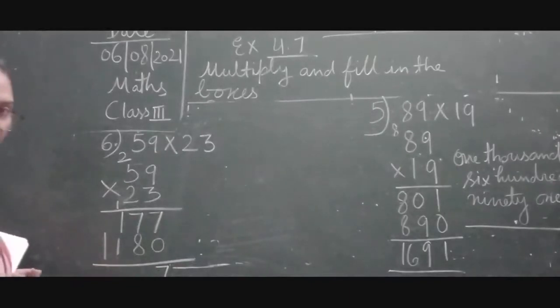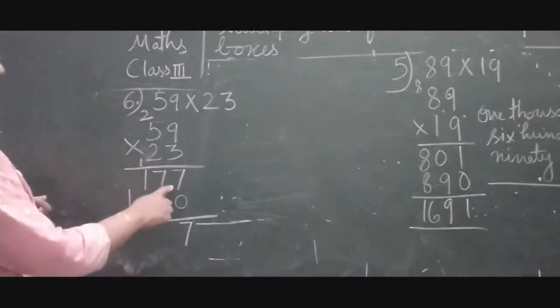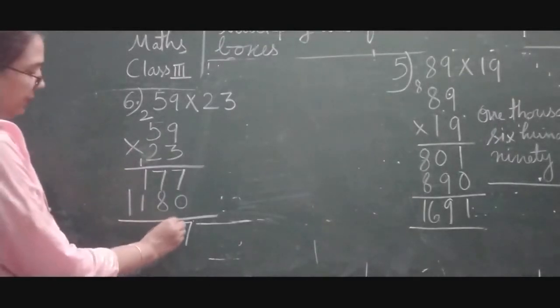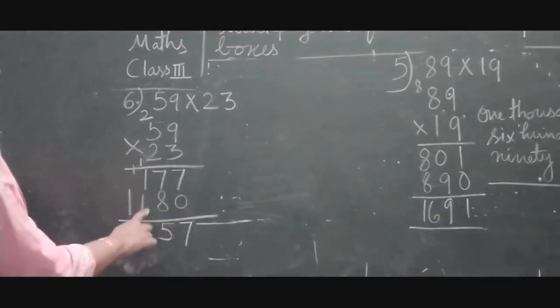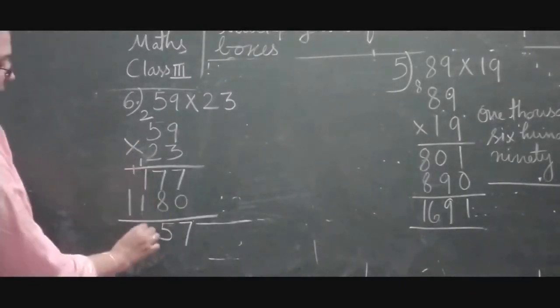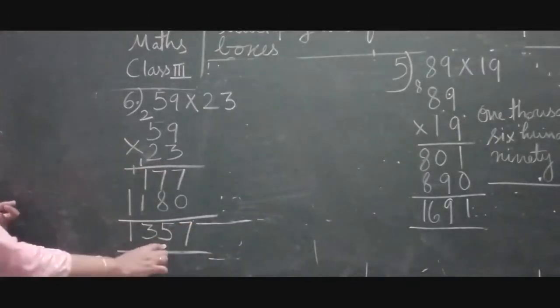When we add, what do we get? Here 8 and 7, children, what do we get? Now here, children, you can see 8 and 7 is 15. 15 we will write 5 over here, 1 will be carried over. 1 and 1, 2 plus 1 is 3 and 1. Okay, so 1357.